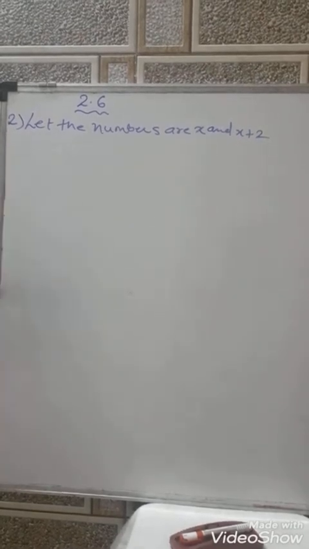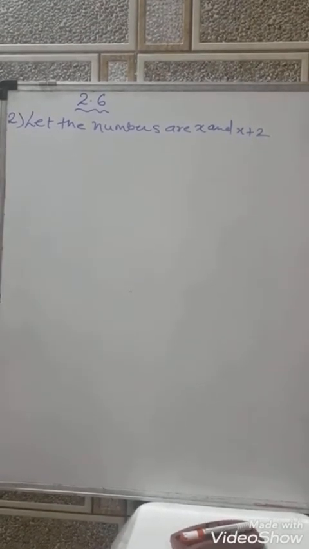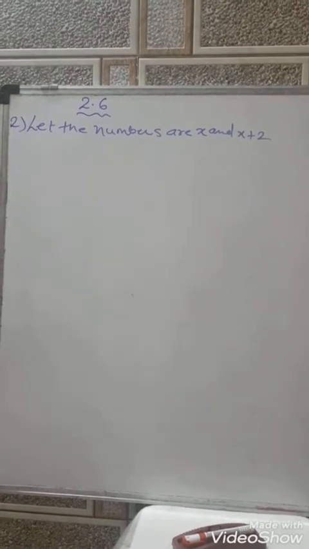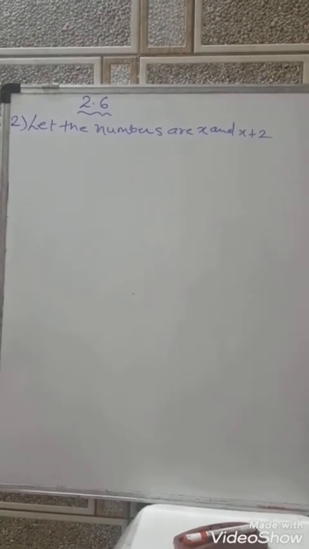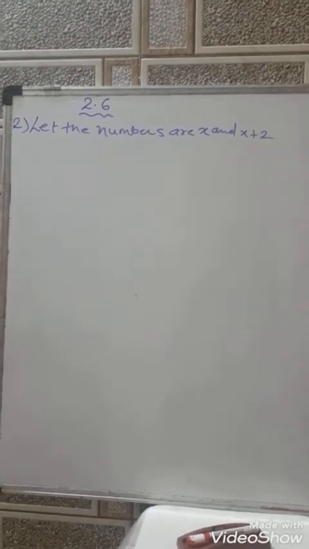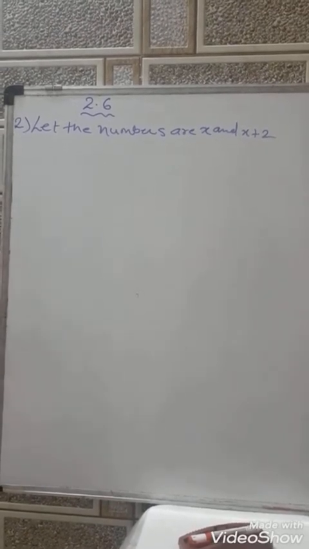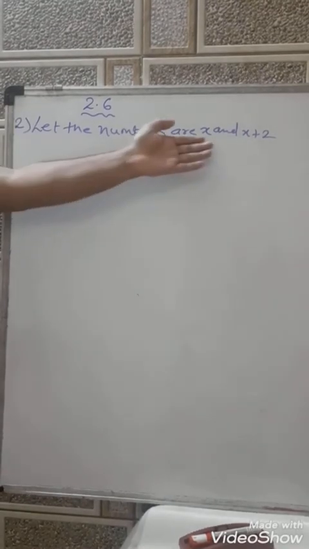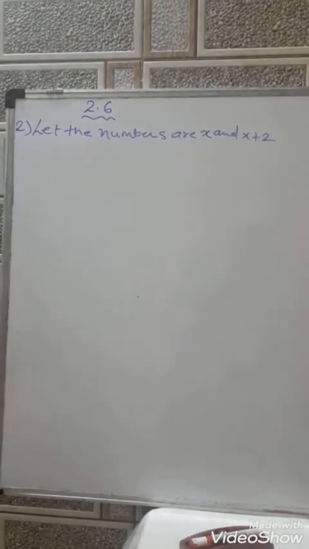Second one: the sum of the squares of two consecutive natural even numbers is 244. Since they are even natural numbers, let the numbers be x and x plus 2.